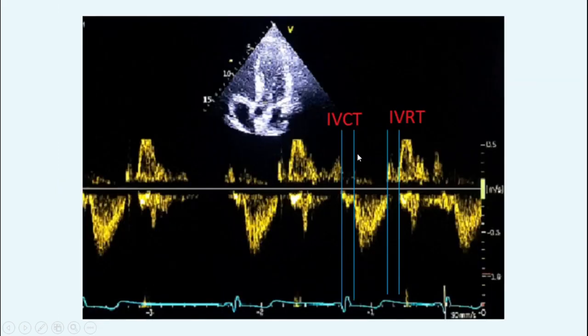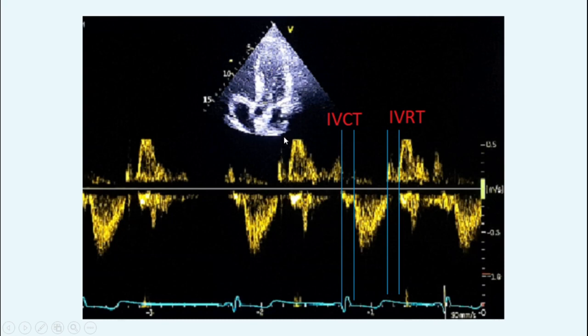For IVRT and IVCT, we can also measure them in Doppler too. For that purpose, we get an apical view between apical 4 and 5 chamber, and we put the sample volume between the mitral valve and LVOT, because we are going to detect both mitral valve inflow and LVOT outflow.